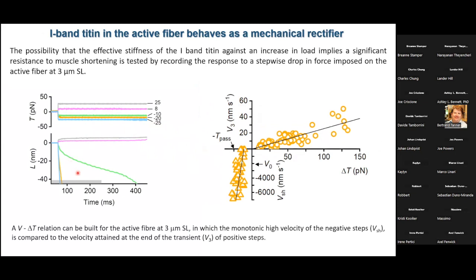Apart from the response to the smallest negative force step, which maintains the multi-phase aspect of the lengthening transient in response to a positive step, the shortening transient is characterized by a monotonic high velocity that increases abruptly with the increase in the size of the force step, up to values of 1,000 nanometers per second. And so we are now able to build a velocity-force relation, both for lengthening and for shortening.